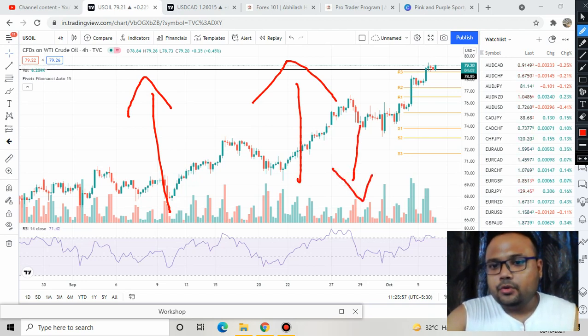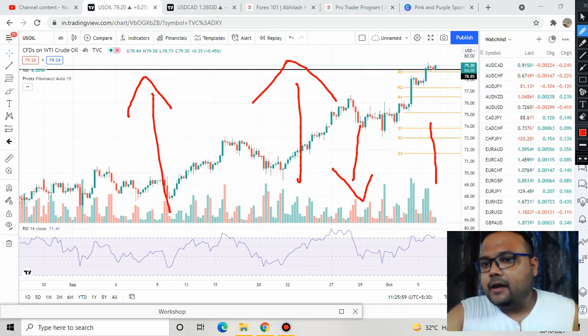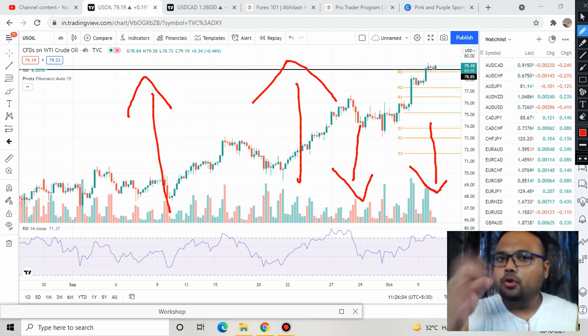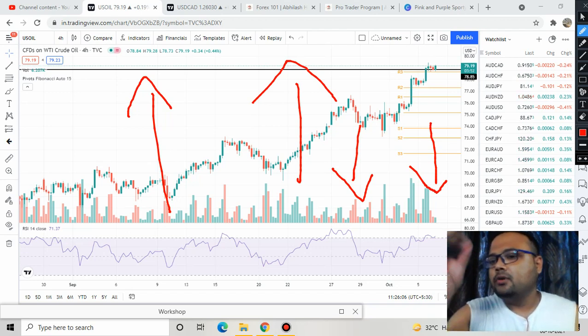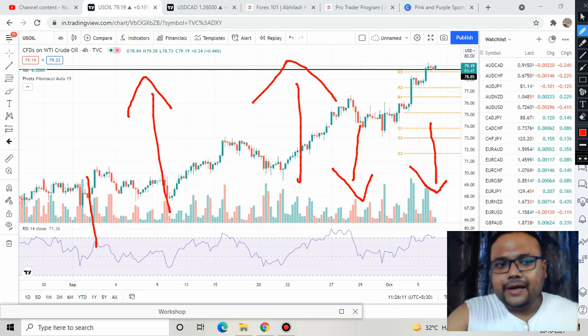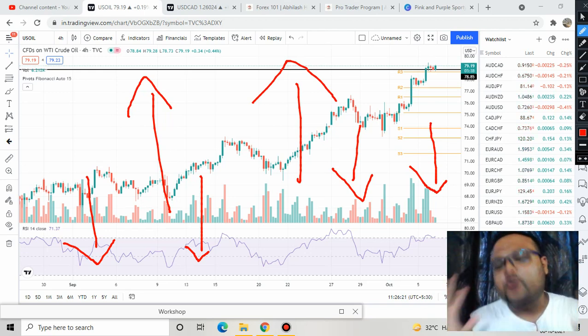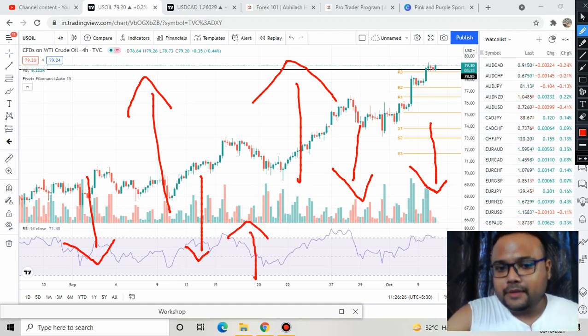When the price of crude oil goes down, the Canadian dollar goes down, because crude oil is a huge part of the Canadian economy. They mainly export crude oil and earn huge money from it. That's the main factor. So whenever crude oil goes up, we see USD CAD going down.